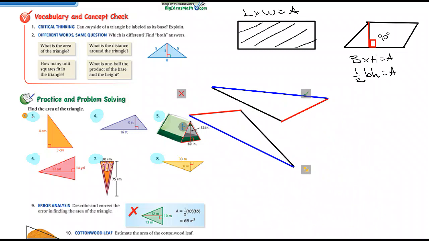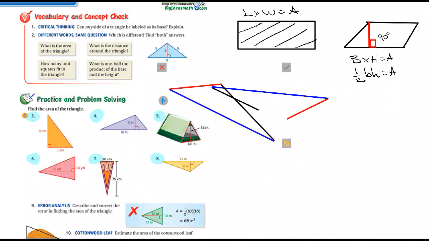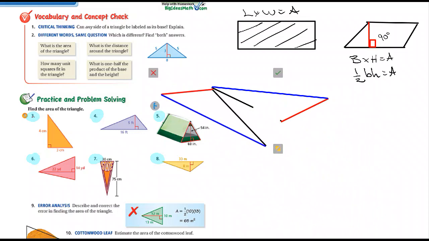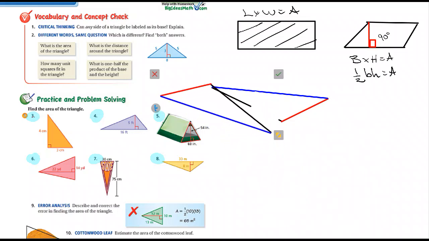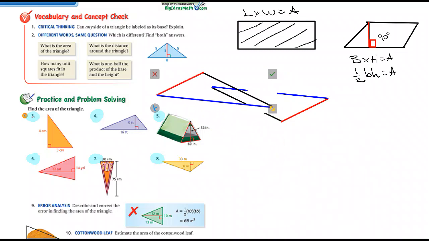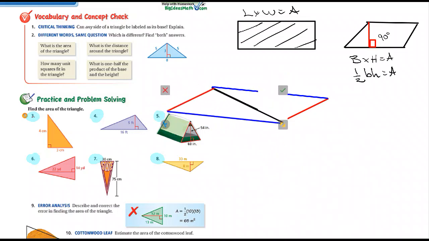Is that going to work? And it's still going to cut out part of my drawing, but let me try it anyways. Let me keep going here. Oh, it's pretty close. Okay, take a look at that.